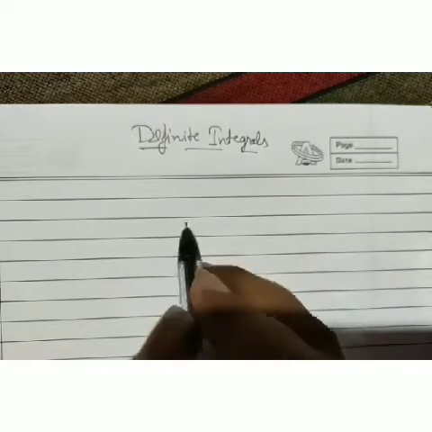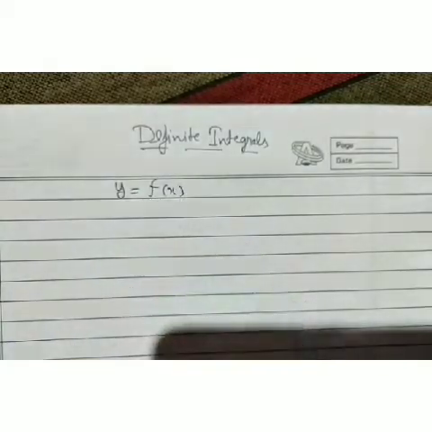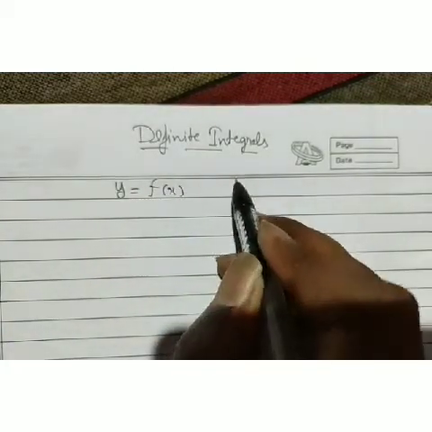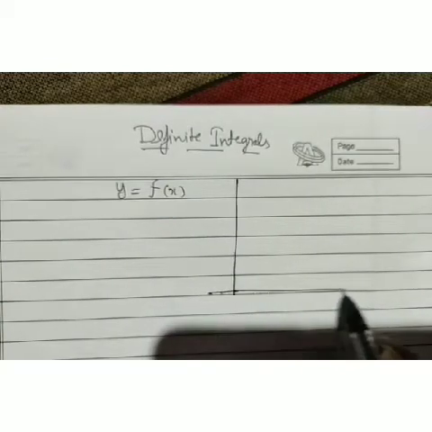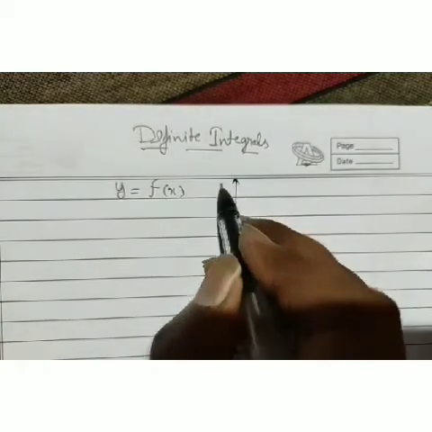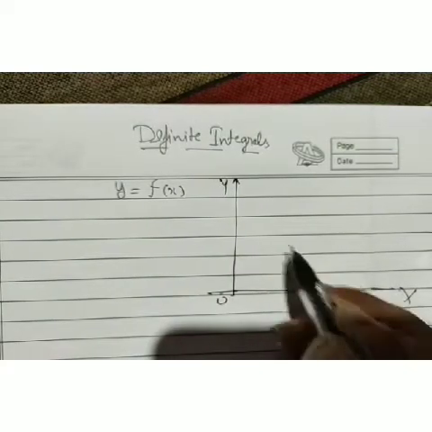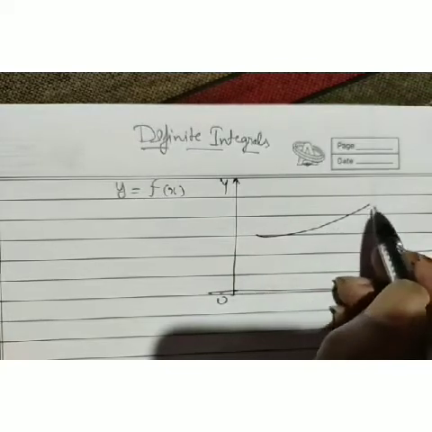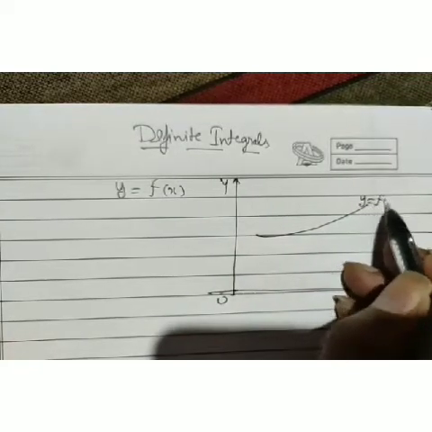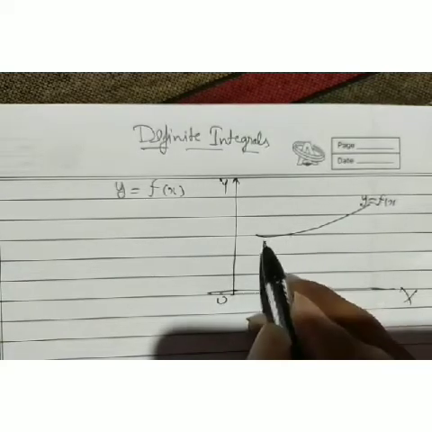Suppose we have a curve y equal to f(x). Take our coordinate axes OY and OX, and this is our curve y equal to f(x).